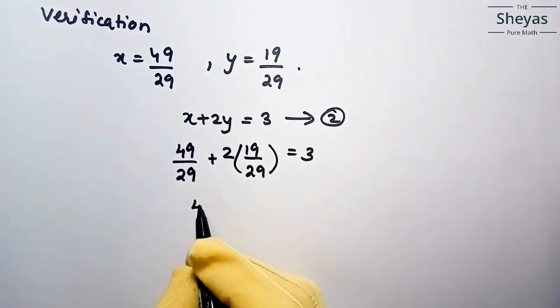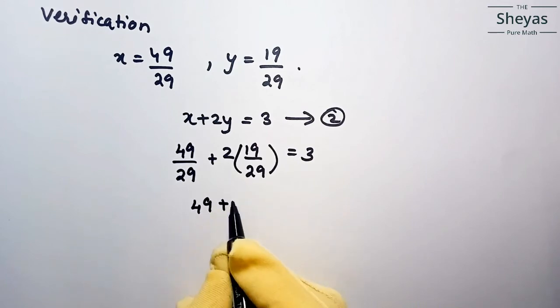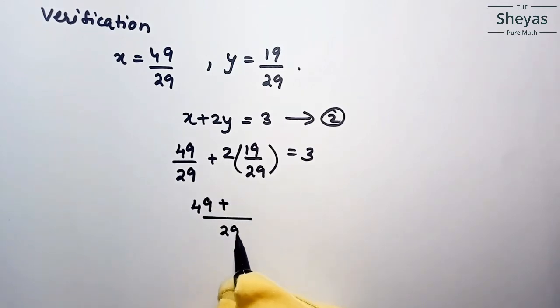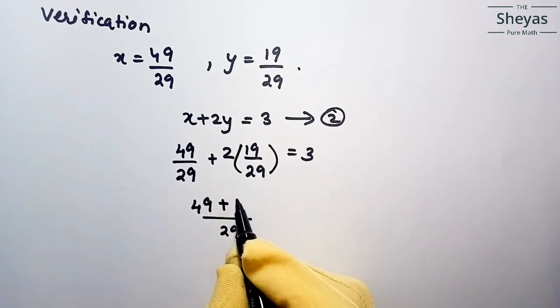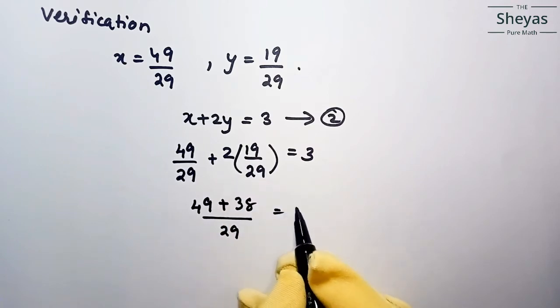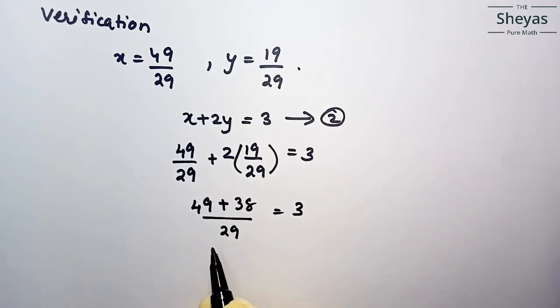If you calculate, what will you get? 49 plus, because you have the same denominator, 2 into 19 is 38, which is equal to 3. 49 plus 38 is 87 by 29, which is equal to 3.